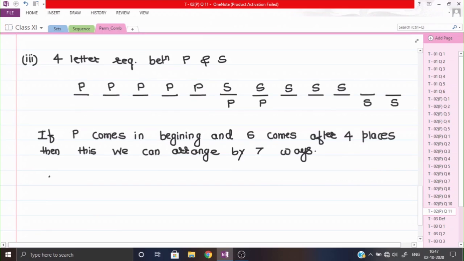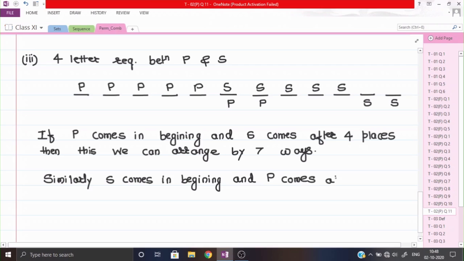So similarly, if S comes in the beginning and P comes after 4 places, then this can also be arranged by 7 ways.